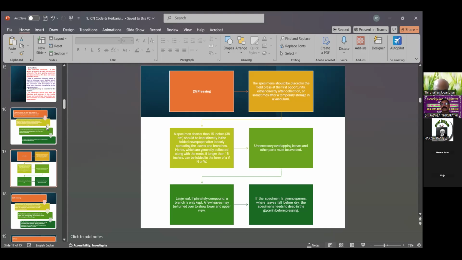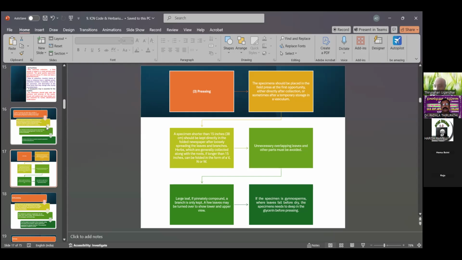Large pinnately compound leaves are sometimes available, so only a branch is kept. A few leaves may be turned over to show the lower and upper views.